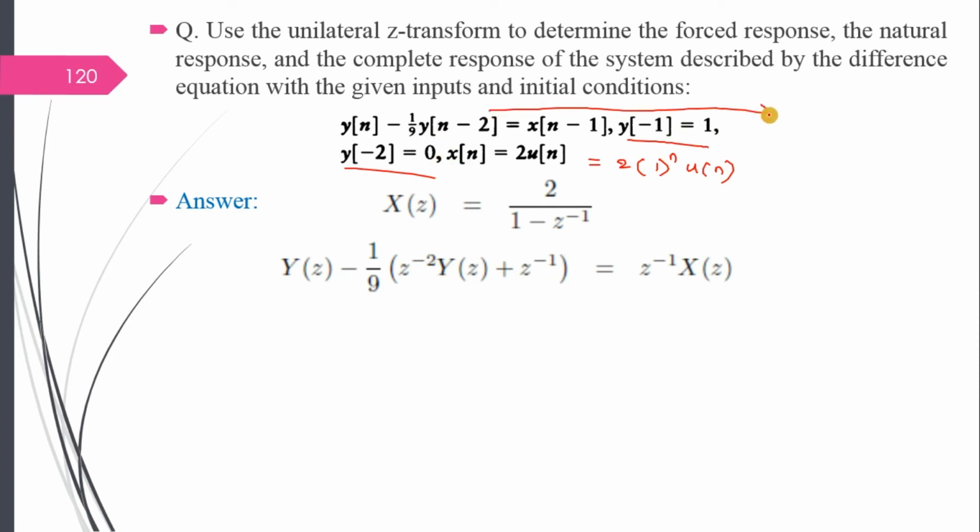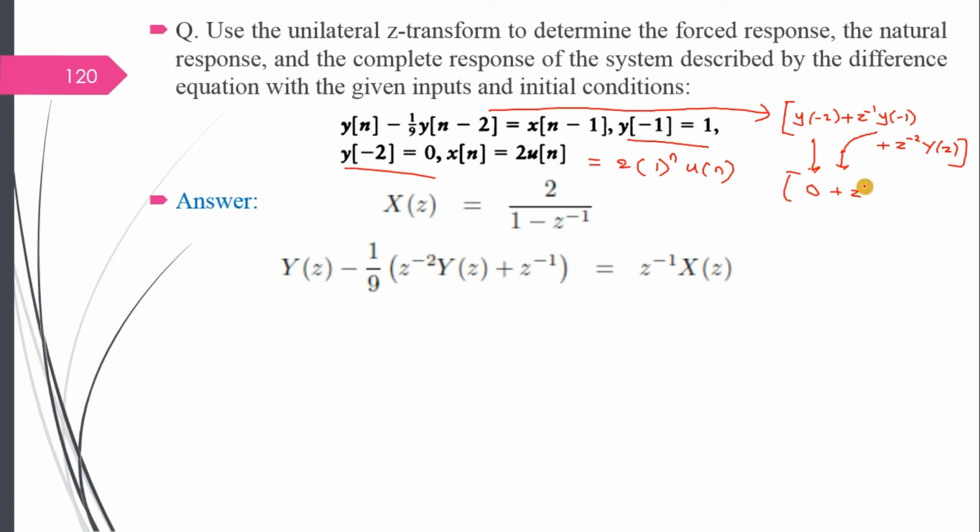Its ZT can be written as y of minus 2 plus z inverse y of minus 1 plus z raised to minus 2 capital Y of z. The initial condition says that y of minus 2 is 0, and the initial condition of z inverse y of minus 1 is 1.